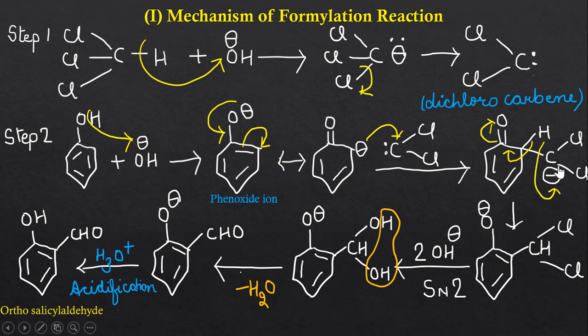In this intermediate you see there is a hydrogen atom which is attached to this carbon atom. Here this negatively charged carbon atom will act as a base and it will remove this hydrogen atom, and we will get this intermediate in which the aromaticity of this ring is again generated.